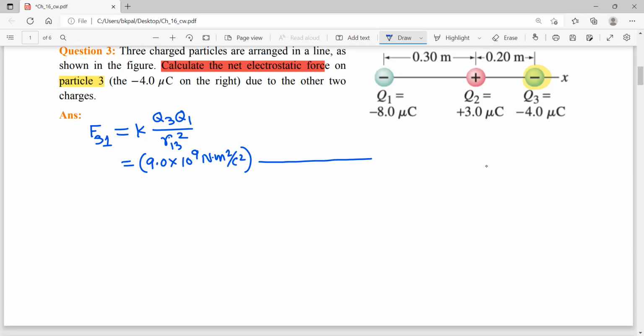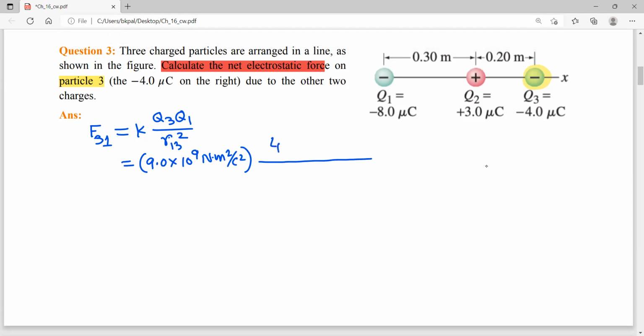Q3 is 4 microcoulomb, so micro means 10 to the power minus 6 coulomb. Although it is a negative charge, don't use the negative sign when you calculate the magnitude.